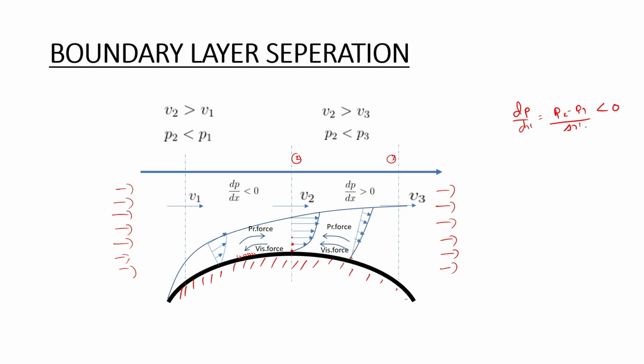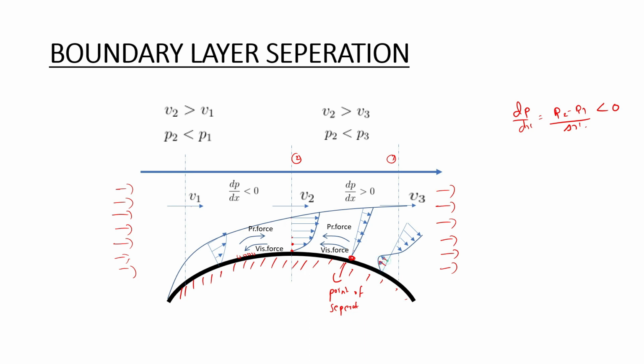You can see that at this point, the velocity at the boundary is almost zero. So that is called the point of separation. Here the velocity becomes equal to zero. Now let us see what happens after some time. The flow gets reversed because of the opposing force.